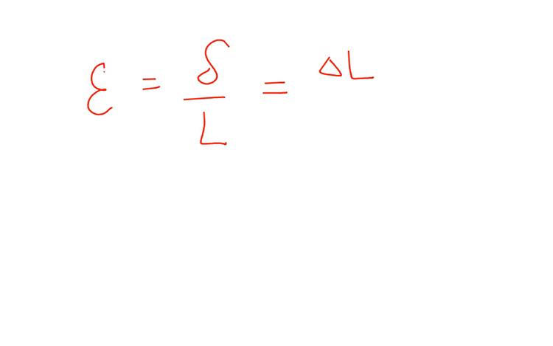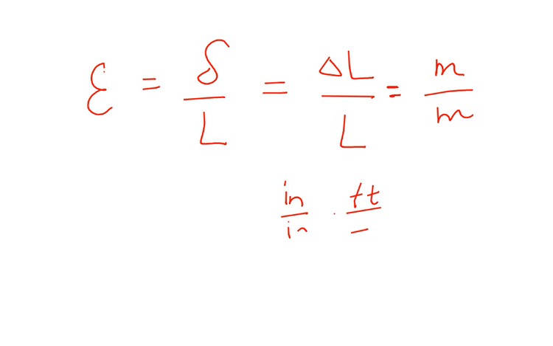It's delta L over L. So in the SI system, this is going to be something like meters per meter. In the US system, it might be inch per inch, or foot per foot. Doesn't matter. You see what's going on here. You get something that's dimensionless. It has no units. So strain by itself has no units.